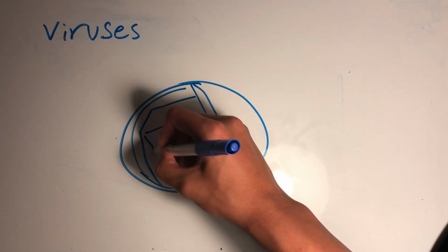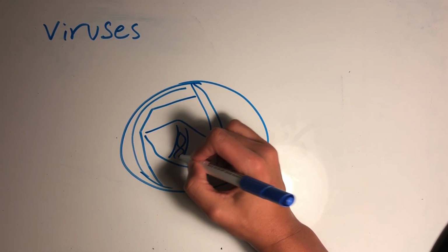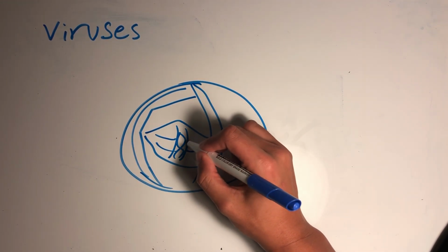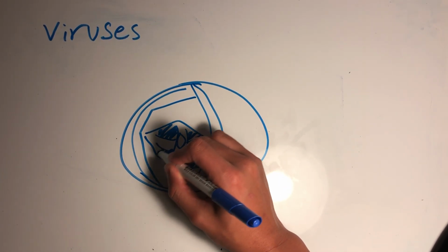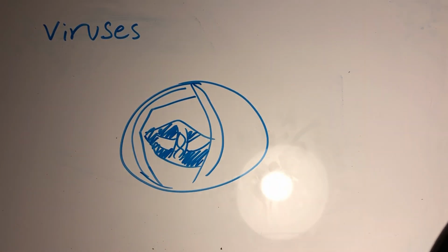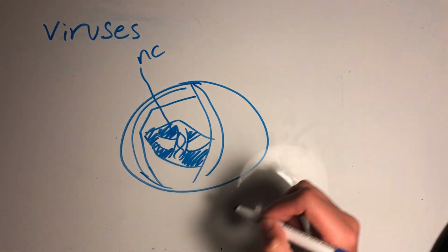But inside that we have our nucleic acid. So here I'll just draw it like that, I guess. So let's say that is the nucleic acid. Inside here is the nucleic acid.